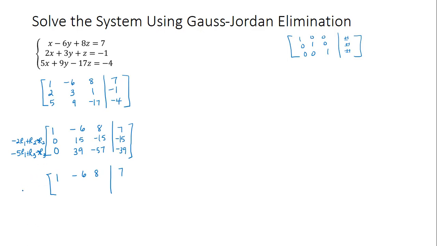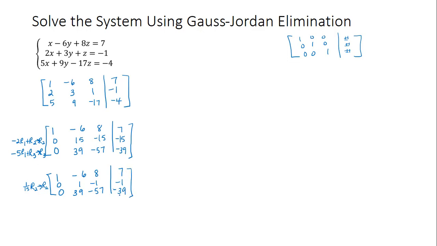Then I'm going to multiply row 2 by 1/15. So that gives me 0, 1, negative 1, negative 1. And we'll leave the last row 0, 39, negative 57, and negative 39.